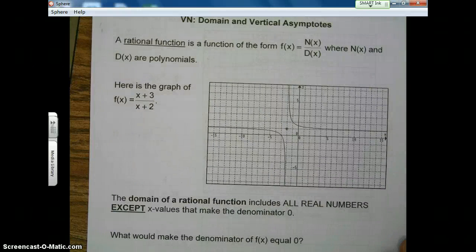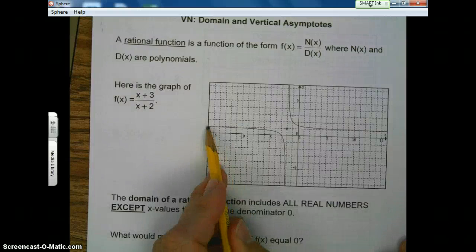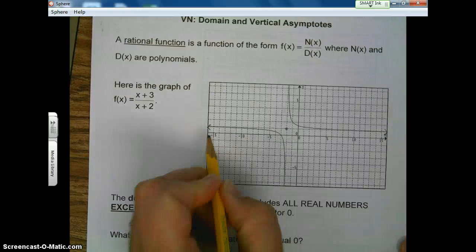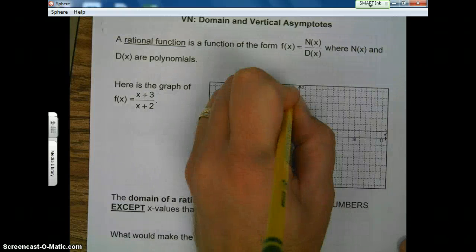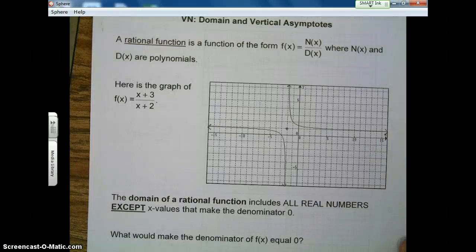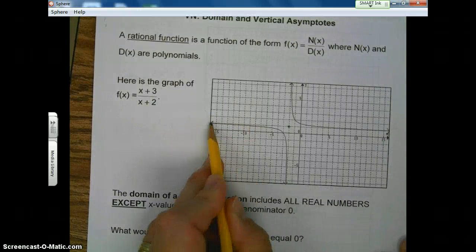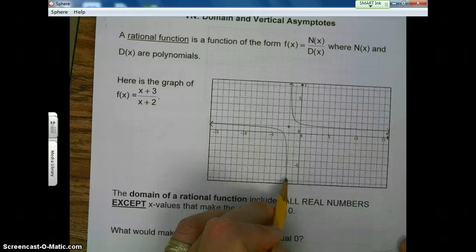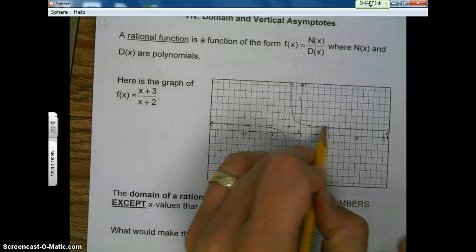Let's talk about the domain. How to find the domain of this graph? Remember there's arrows on the ends, which means it goes on infinitely to the left and to the right, and infinitely down and up. But as you go along here, the x's are getting bigger, and then x approaches some number and it kind of hops over and continues on.